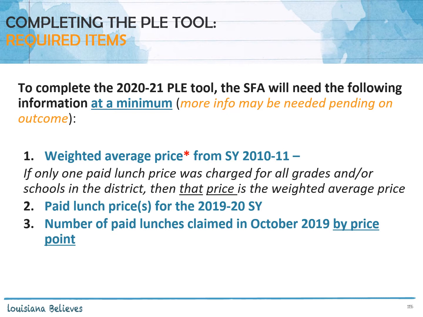Number 2, you will also need the paid lunch price or prices for the 2019-2020 school year. And number 3, the number of paid lunches claimed in October of 2019 by price point. As a note, this will exclude any school that was participating in CEP at that time.